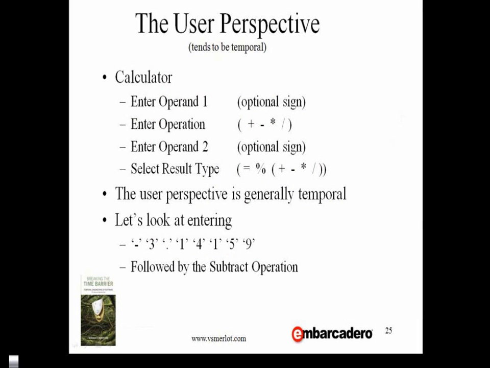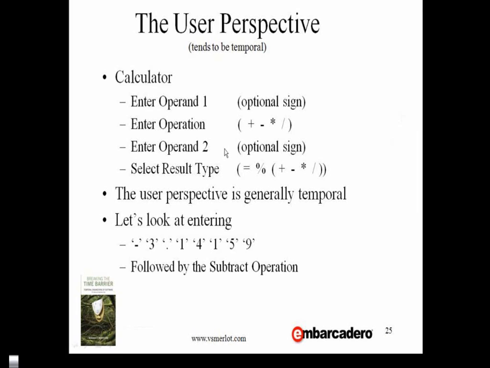The calculator provides a typical 1,000+ lines of code example. The user of the calculator has a natural temporal perspective on how the device works, actually how it's used. Think about how the user enters a problem. They put in an optional sign, enter the first operand, then they do the operation: add, subtract, multiply, divide.